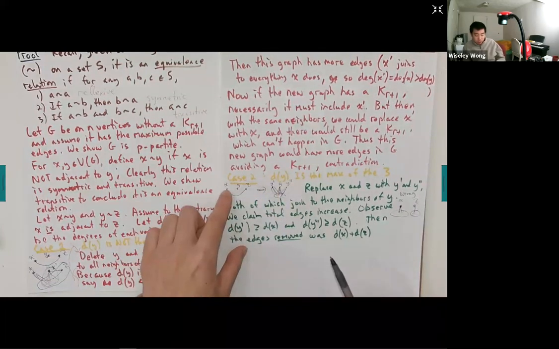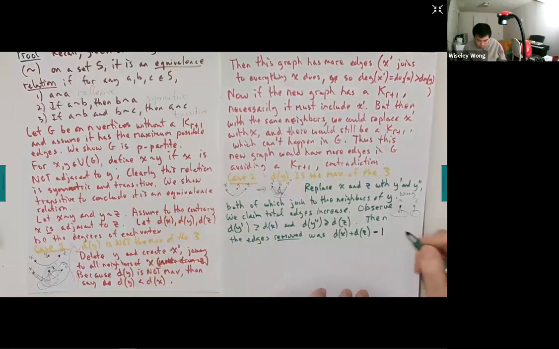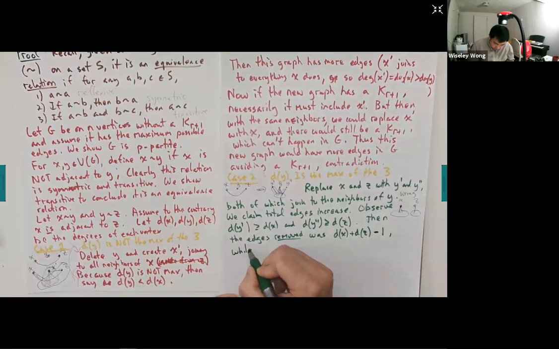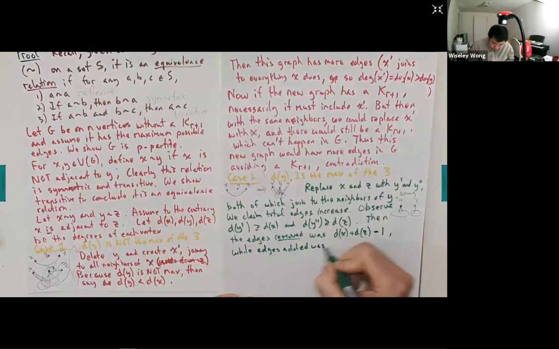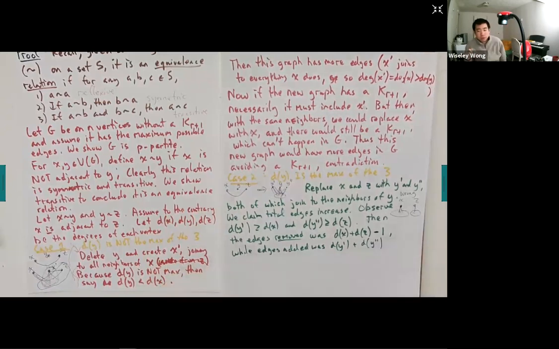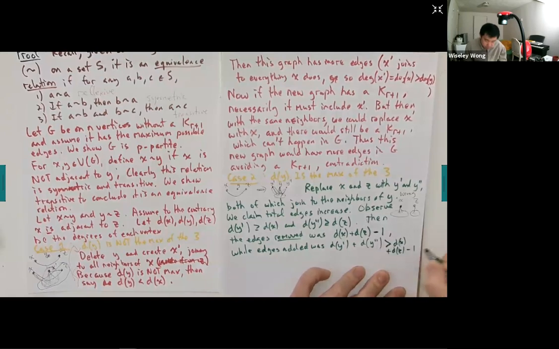But the key thing is they share an edge here, so you lose one in the degree. Therefore the number of edges must have increased.